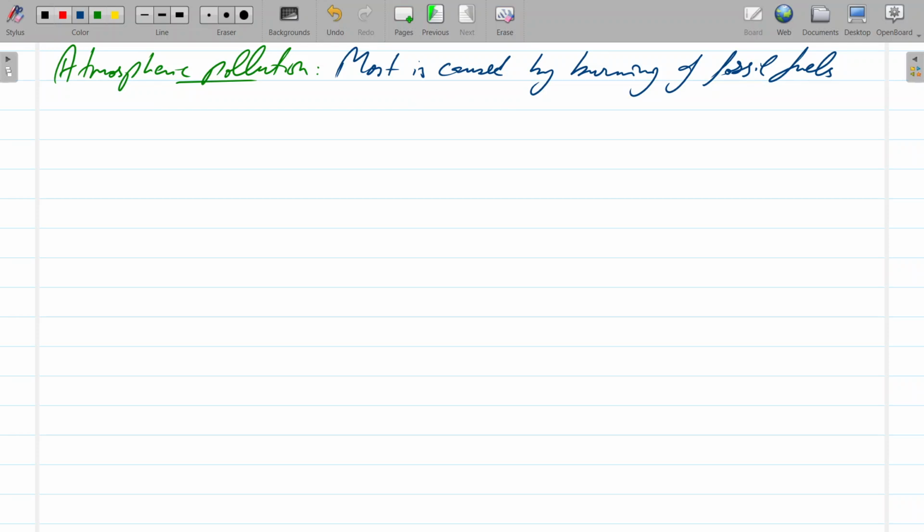So when you have certain pollutant gases, most, like all of these are gases, then they contribute to atmospheric pollution, which is obviously polluting the air and polluting the water, right?